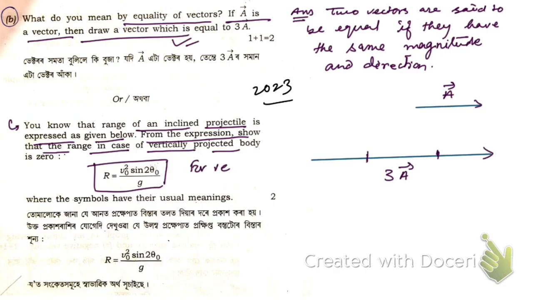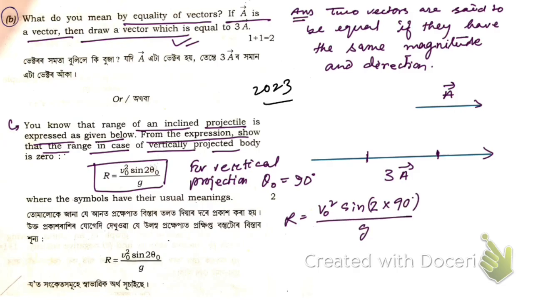For vertical projection, the angle of projection theta naught must be equal to 90 degrees. Therefore the range will be equal to v0 squared sine 2 theta naught, which means 2 into 90, divided by g, so sine 180 by g. The value of sine 180 is equal to 0, so the range is going to be equal to 0. That is the answer.